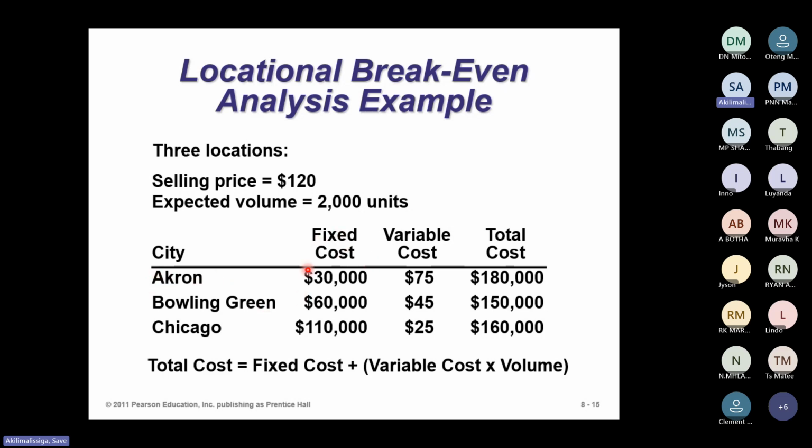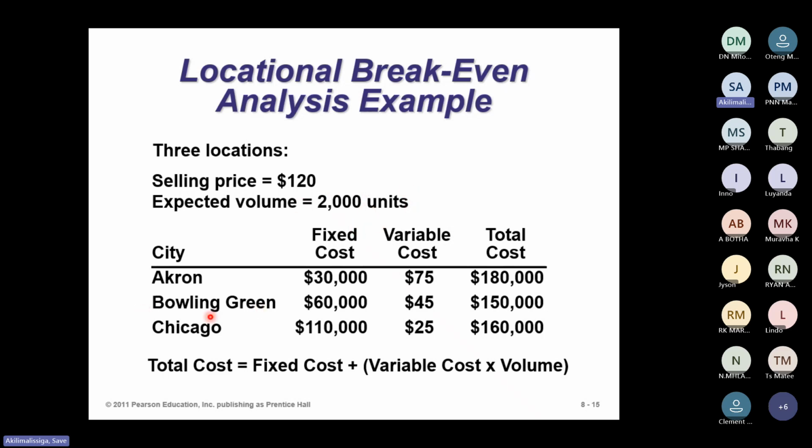Right, so let's look at Akron, for instance. Under fixed cost, you have 30,000, let's just call it rand instead of dollars. So here we have a fixed cost of 30,000 rand and a variable cost of 75 rand. So here you have a total cost of 180,000. This total cost, you can only get it by considering the expected volume of 2,000 units.